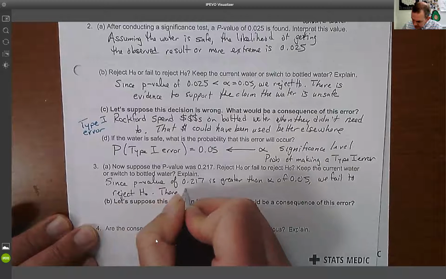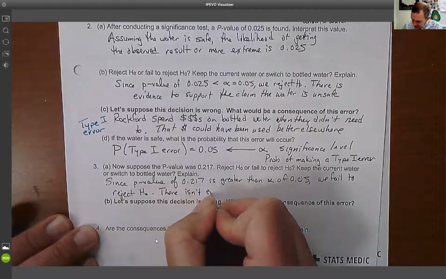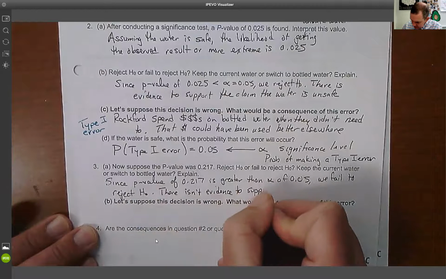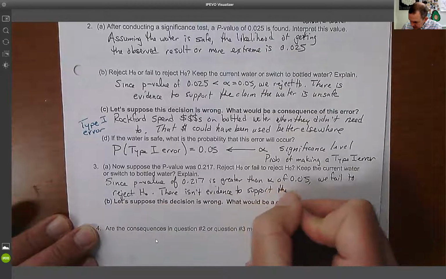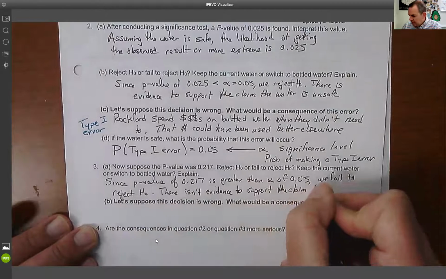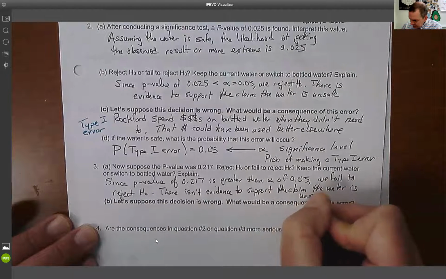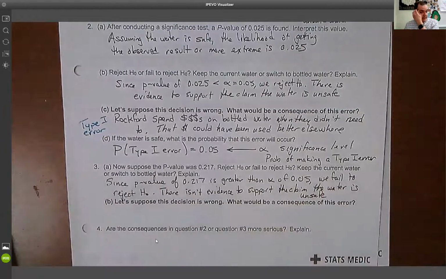There isn't evidence to support the claim the water is unsafe. So in this case, we failed to reject the null hypothesis.